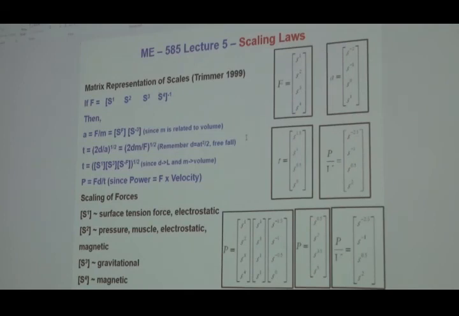Pressure scales, and your muscle force actually scales with S squared. It's not linear, it's a function of the area, because you don't have just one side of a muscle. Typical electrostatics plate, the micrometers that you have over there, scale with S squared, and I'm going to show you the math.